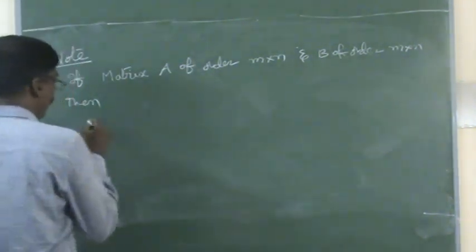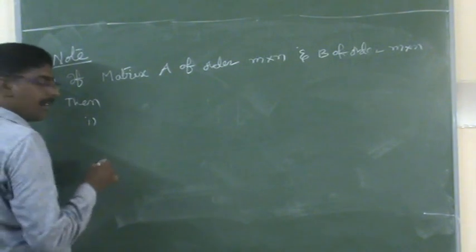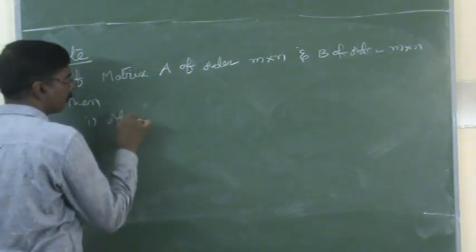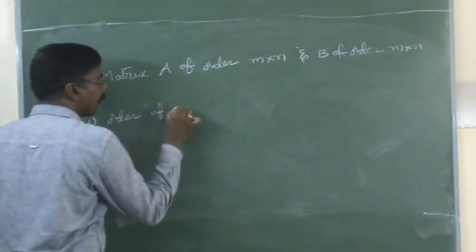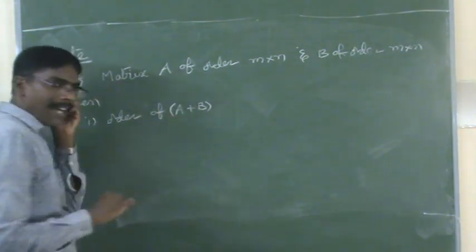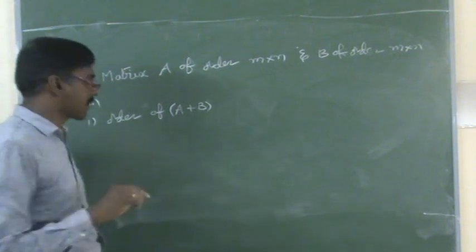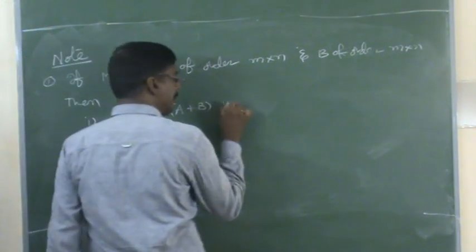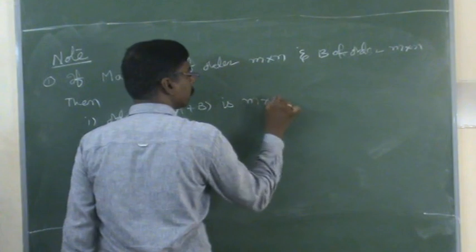Then the order of the resultant matrix A plus B after adding is also m by n.